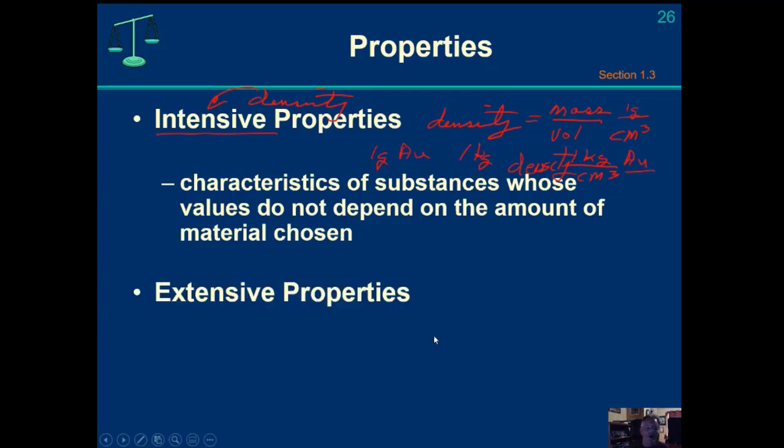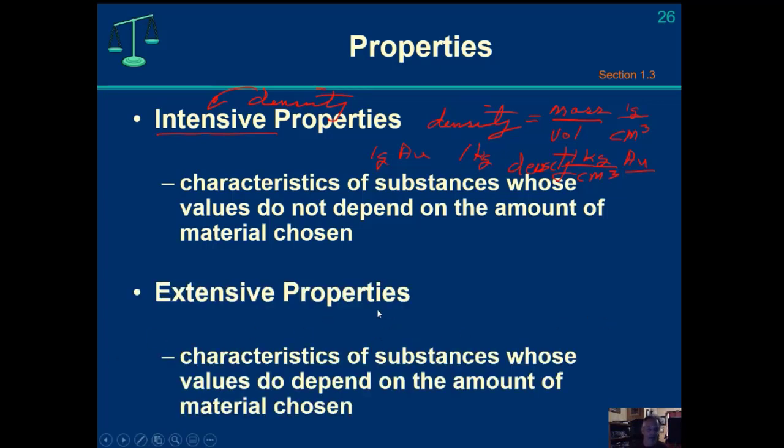Extensive properties are precisely the opposite of that. These are characteristics of substances whose values do depend on the amount of material substance. And I'm going to go back and take a look at density with respect to mass and volume.